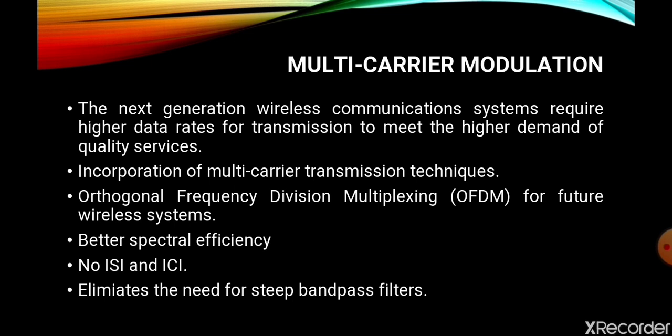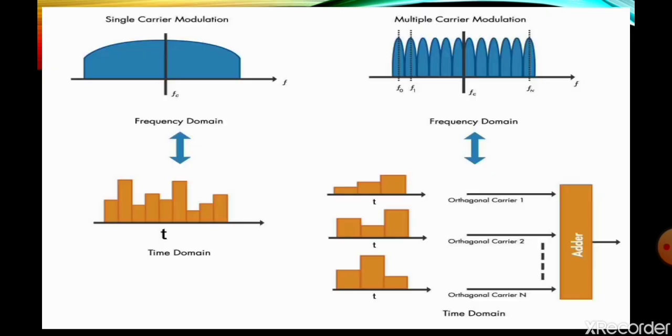Now, multi-carrier modulation compared to single carrier modulation, what is the major difference? As I told you, it eliminates the need for these sharp filters. If you look at this figure over here, to the left you can see the single carrier modulation diagram, and to the right it is the multiple carrier modulation scheme.